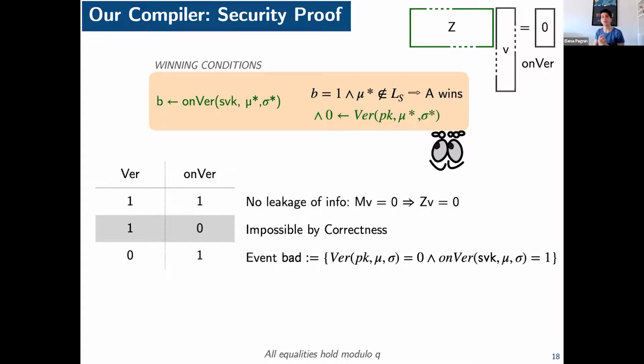And this is precisely what we call the bad event, and I will give you the estimation in the next slides. And the final case is when both of them reject the signature, but in a sense, there is a sort of leakage. And the leakage is that the adversary will learn that certain rows of the matrix M appear in Z. Are there questions?